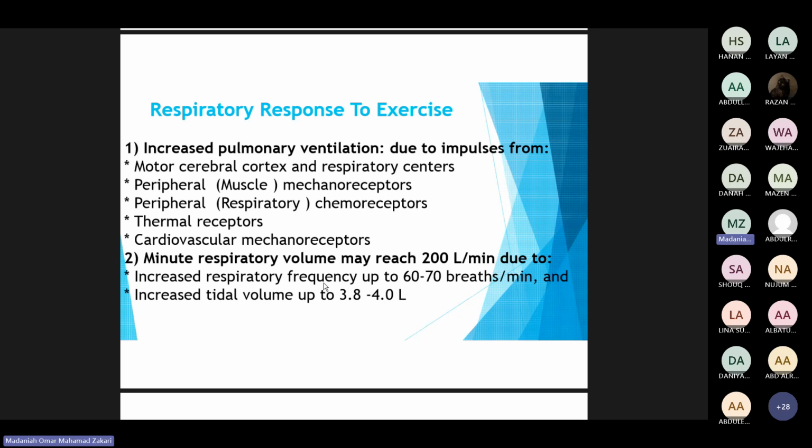Thermal receptors, of course, because of the heat that you produce, the energy, you're going to have a lot of heat. Thermal receptors will also increase the pulmonary ventilation.